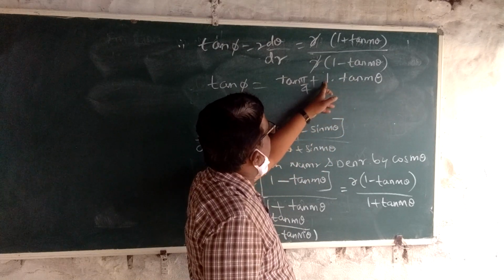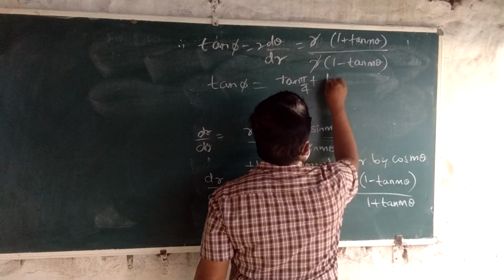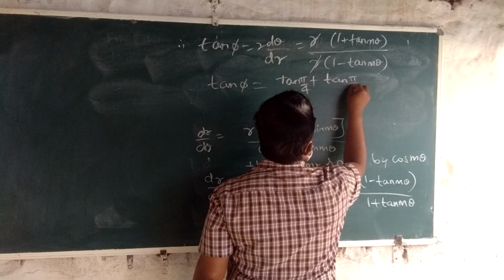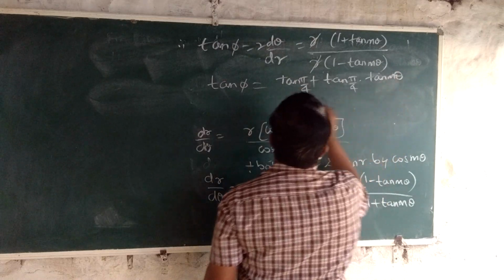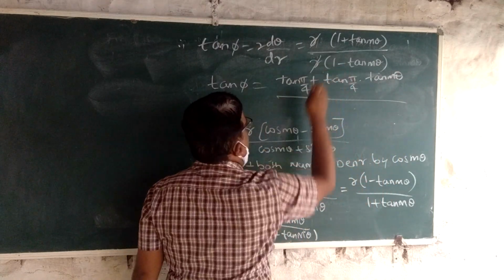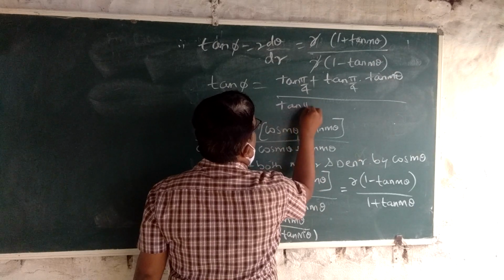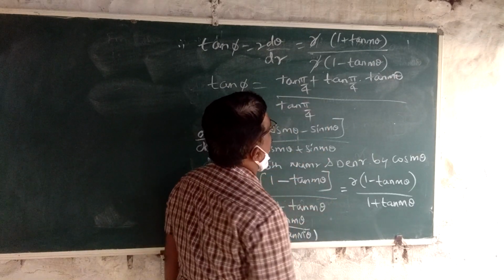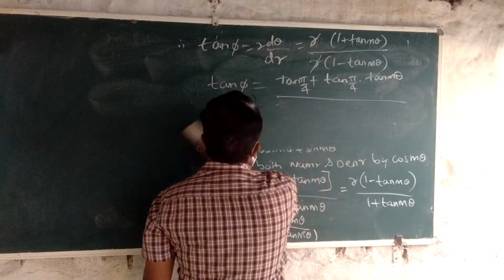So I replace 1 by tan pi by 4 and then tan m theta. Similarly, in the denominator also, 1 is equal to tan pi by 4.